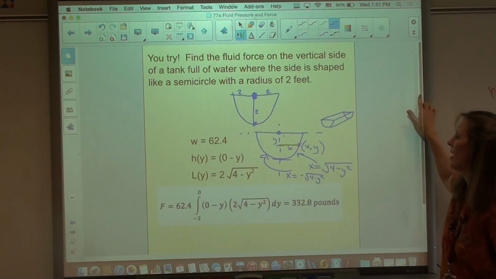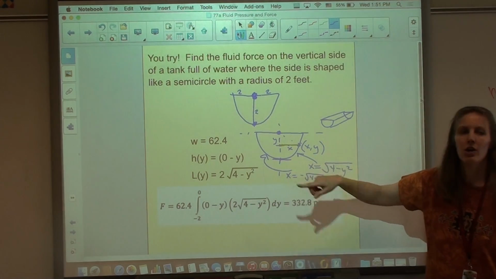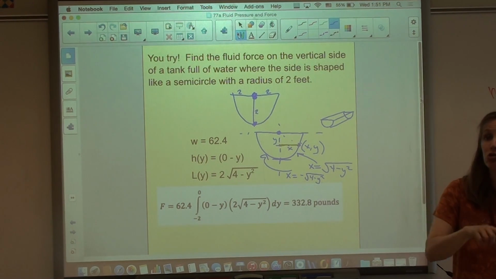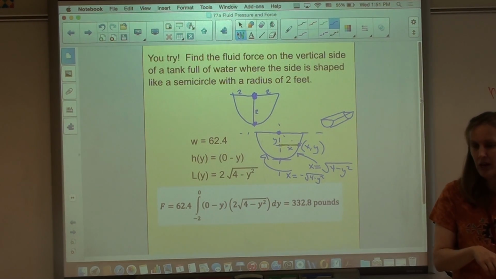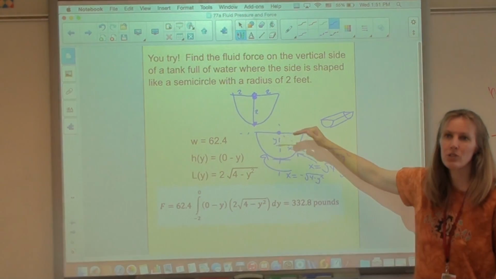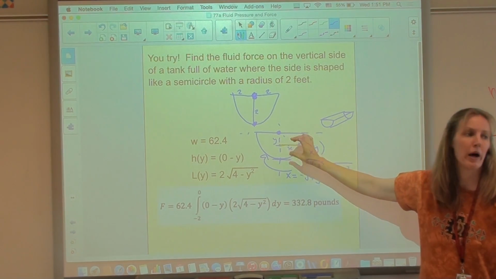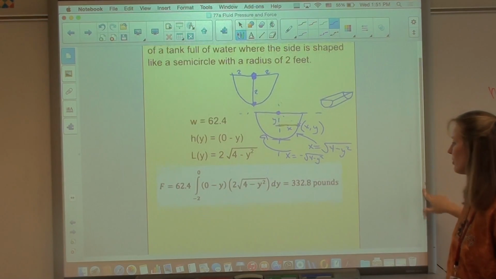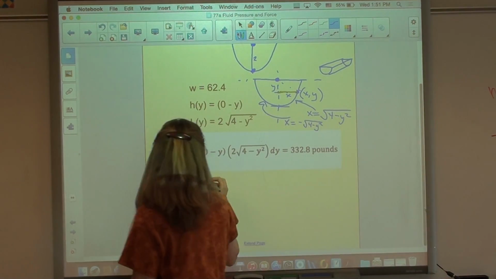If you do it with the vertex down here, your equation would be x squared plus y minus 2 squared equals 4, and then you'd have to solve that for x. Your integral would go 0 to 2, and your depth would be 2 minus y.